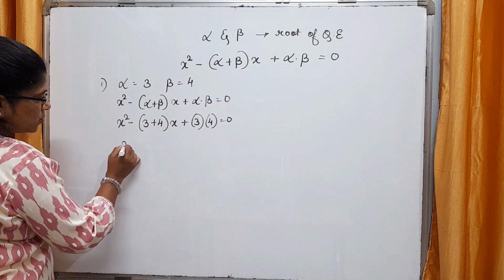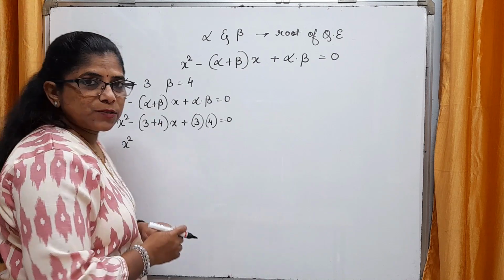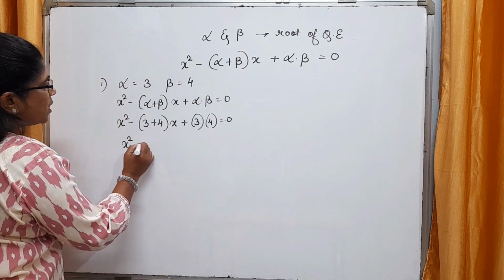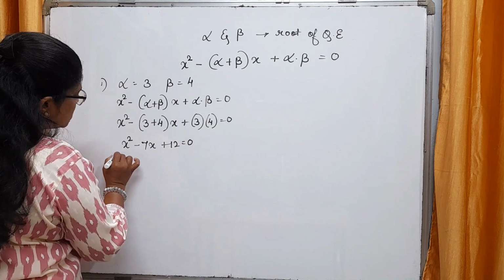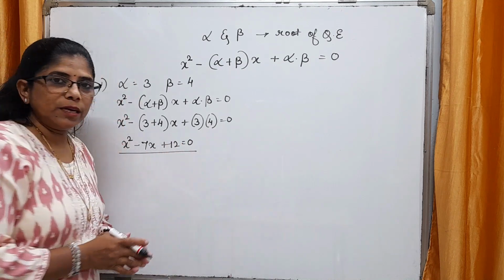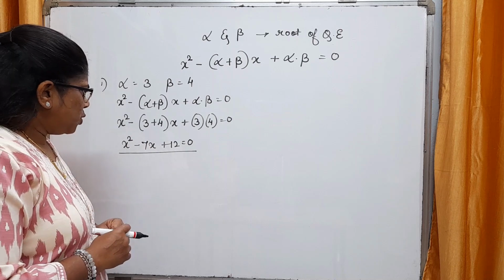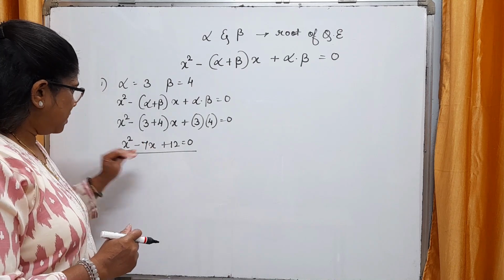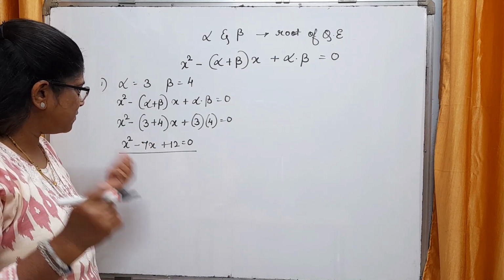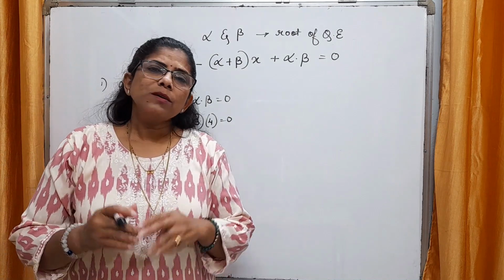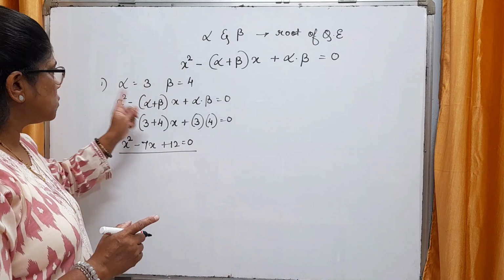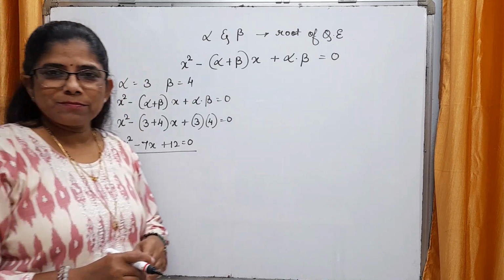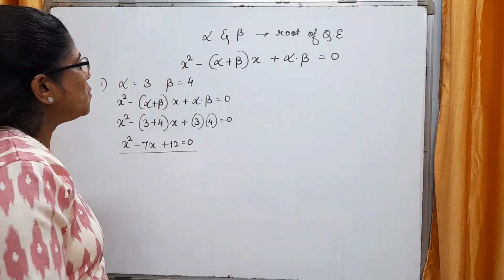So our equation is x square, 3 plus 4 is 7, minus 7x plus 12 is equal to 0. This is our quadratic equation. So you can cross check this. Take this equation, that is x square minus 7x plus 12 is equal to 0. Solve this equation by any method and check whether we get roots as 3 and 4. You can check this. Now one more example.